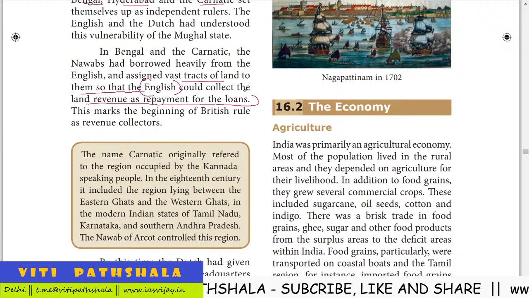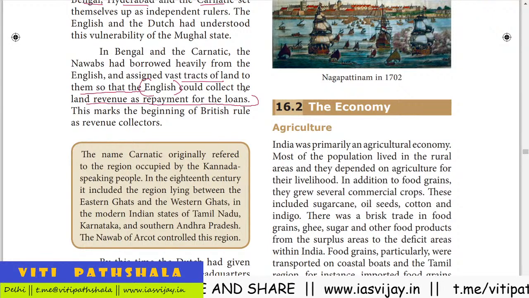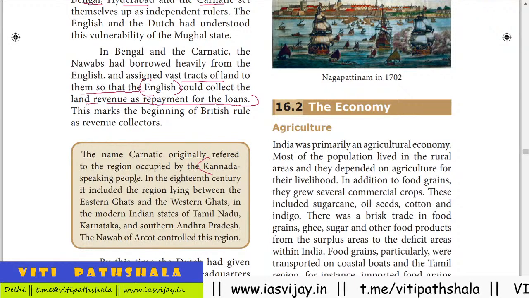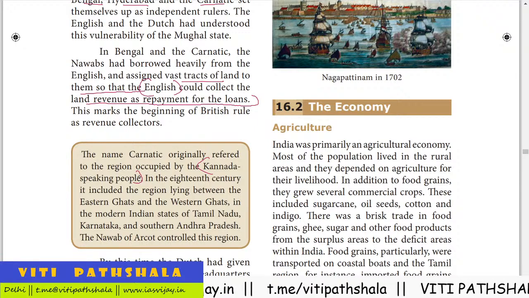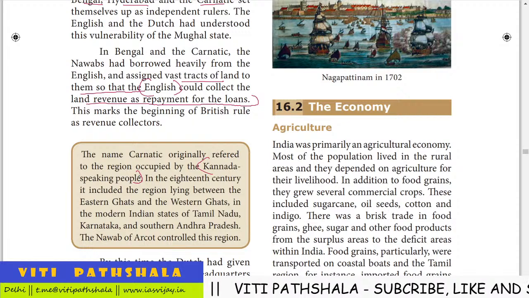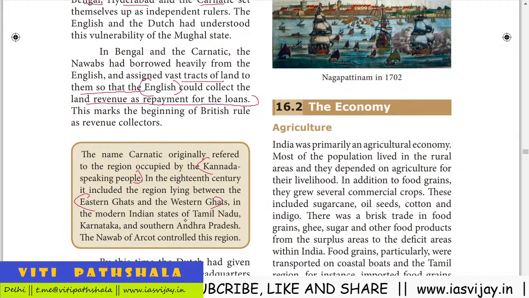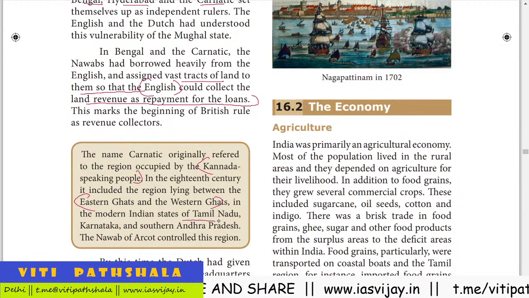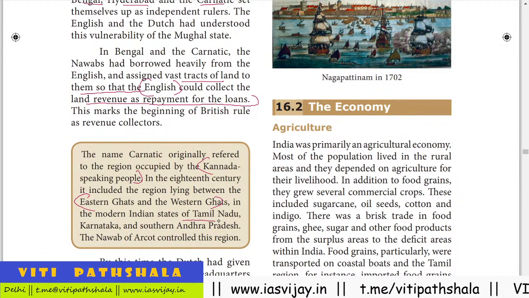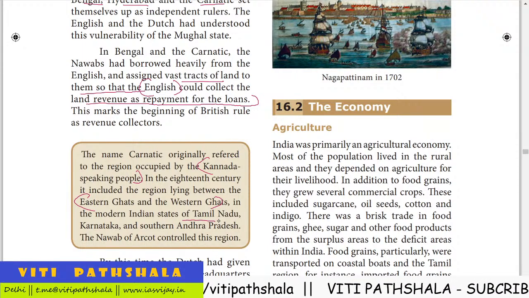The name Carnatic originally referred to the region occupied by the Kannada speaking people. In the 18th century, it included the region lying between the Eastern Ghats and the Western Ghats, in the modern Indian states of Tamil Nadu, Karnataka, and South Andhra Pradesh, and the Nawab of Arcot controlled this region. This is extra information.